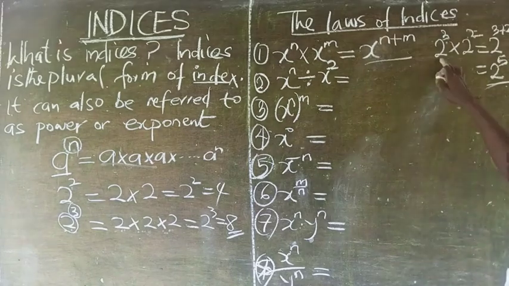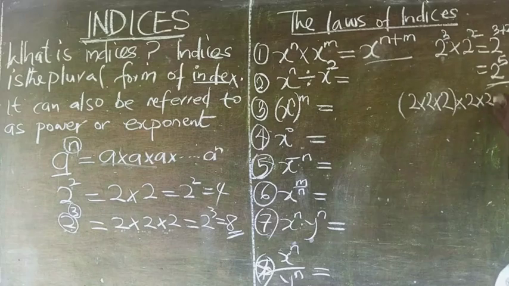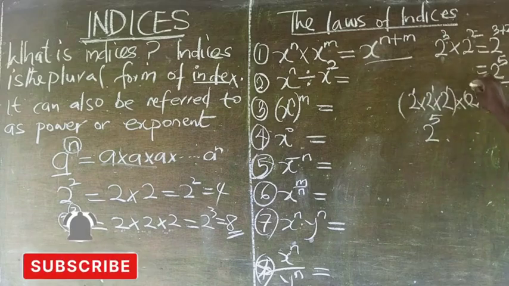And to prove it, you say 2 times 2 times 2 in 3 places, 2 times 2 in 2 places. So if you do this, you have 2 how many times? 1, 2, 3, 4, 5. 2 raised to power 5. Remember, they are all raised to power 1. Eventually, we have the same answer as when we did our addition.